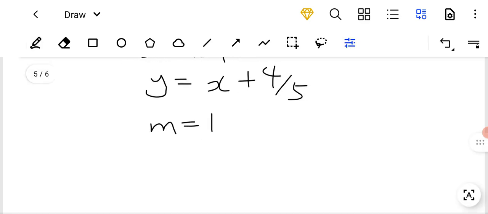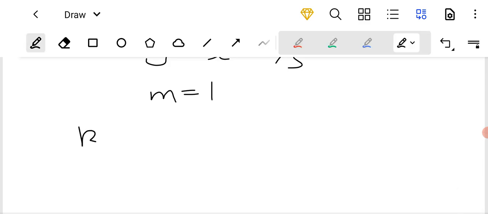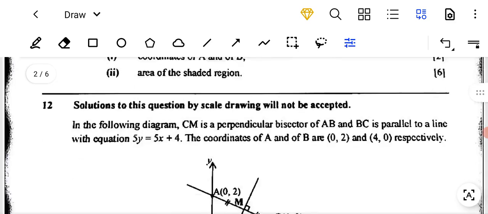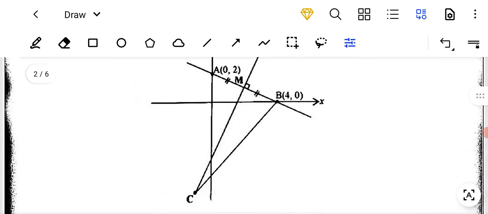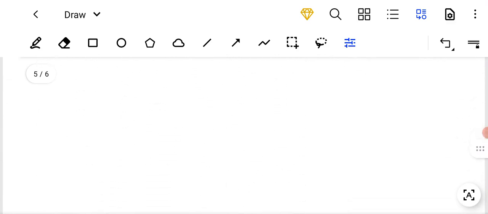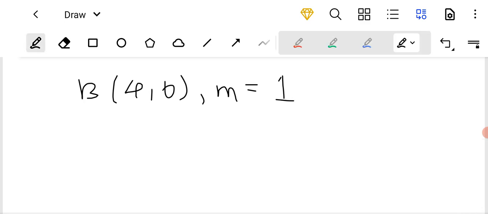So we said we need to know the equation of BC. We already know the coordinates of B, which if I remember well are (4, 0), and m is equal to 1. Okay, so let's just counter check. As you can see there, B is (4, 0). So I don't need necessarily to know the coordinates of C to find the equation of BC.